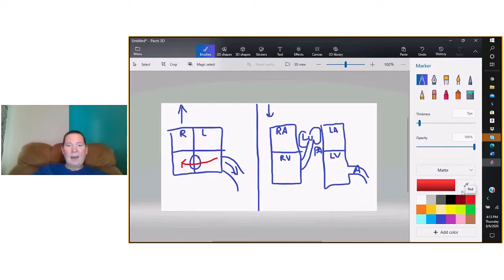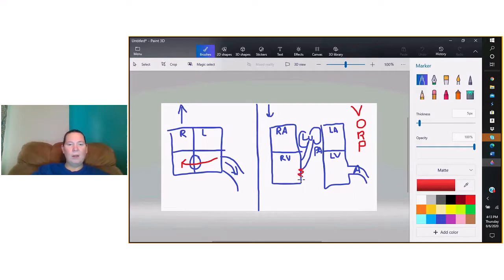What we're looking at is abnormal, and you could use VERT, PROV to help you remember the 4 abnormalities. And they all come together to create a situation where you have unoxygenated blood going out to systemic circulation. So the first problem we have, the V stands for VSD, ventricular septal defect.